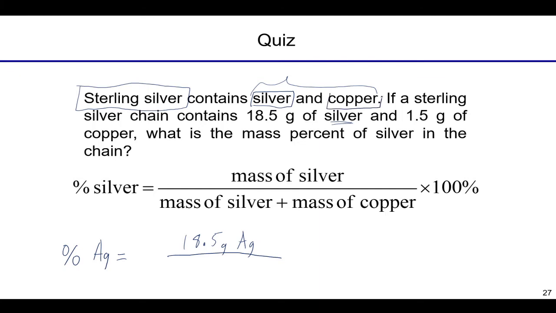So both of these elements we have to concern ourselves with. If there were 3 or 4 elements, we'd have to add them all up. But there's only 2 elements here we care about in the total amount. So it's 18.5 grams of silver plus our 1.5 grams of copper. And then we have times 100. You can do all that on your calculator, and I don't have a calculator in front of me, but I think this is something like 92.5%.